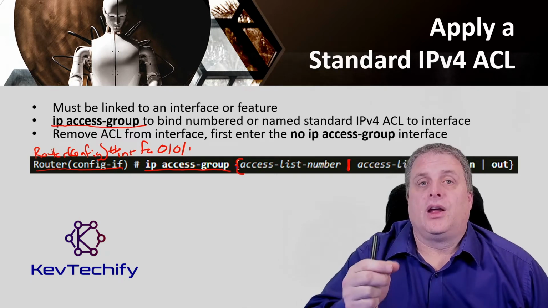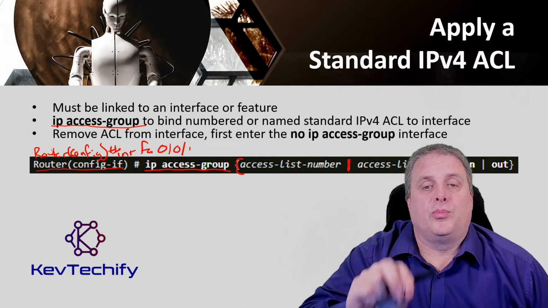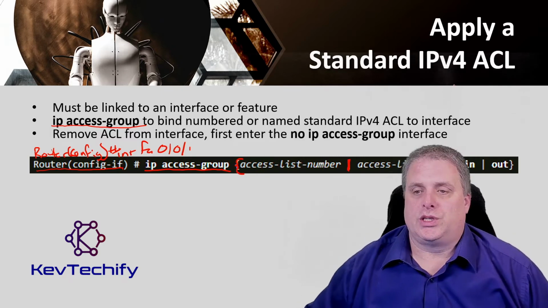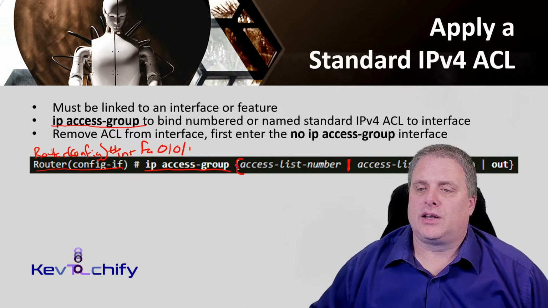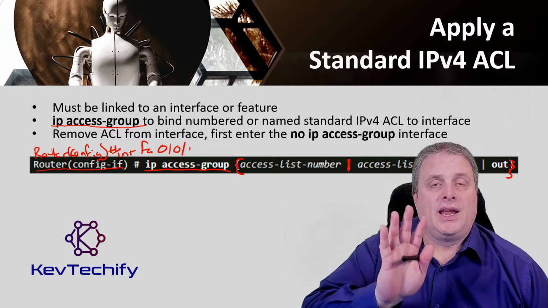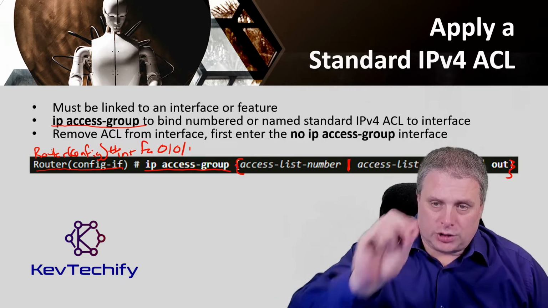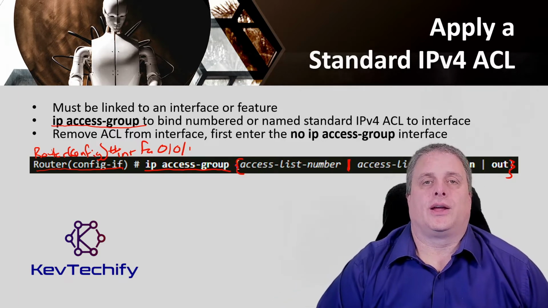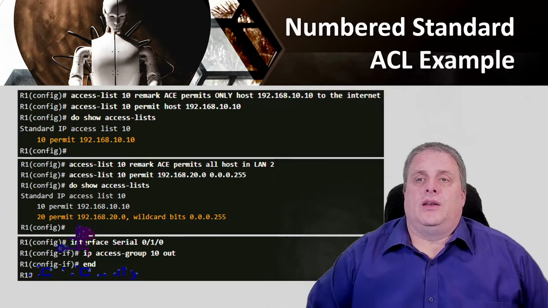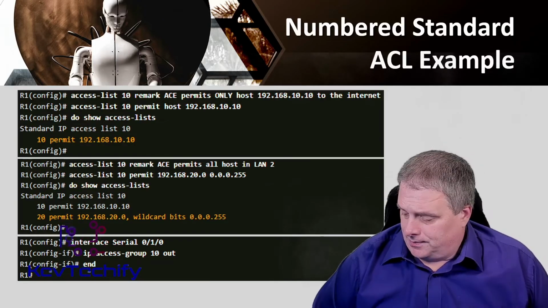Whatever you created, a named or numbered one, you need to put that information in here. Then you have to make one last choice in the statement. Are you going to apply it to traffic coming into this interface or going out of the interface? So you have to put in or out there, so it'll show you which way you're going to apply that. Here's an example of a numbered standard access control list.